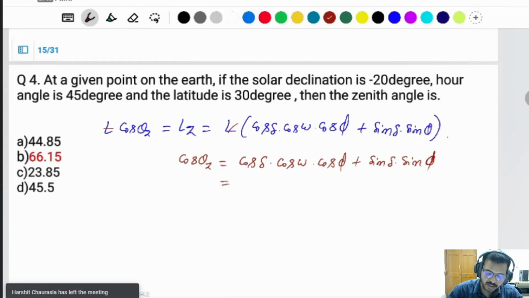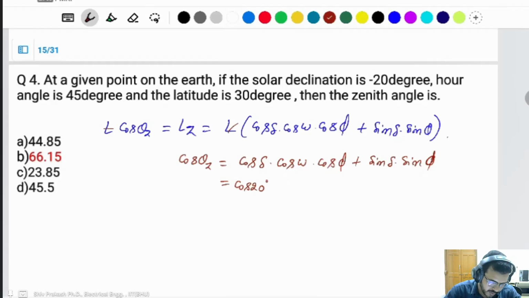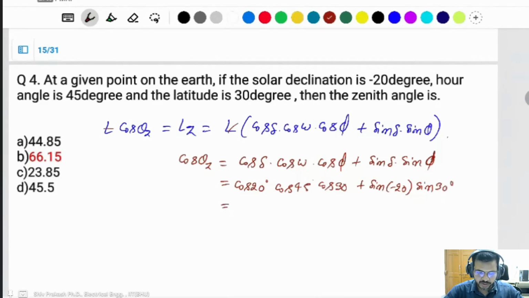Cos delta will be minus 20, or plus 20, cos will be the same. The hour angle is given as 45 degrees, cos 45, cos phi 30 degrees, sin minus 20. Calculate this one.